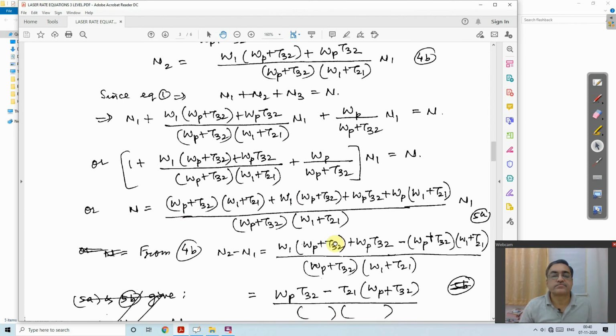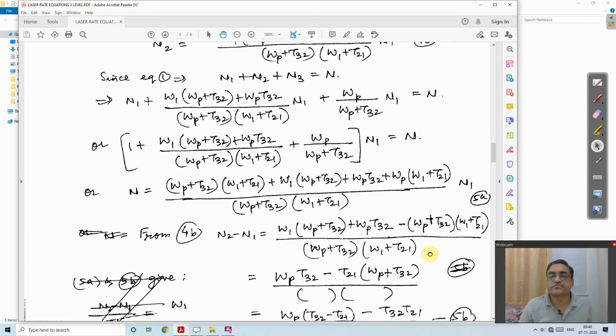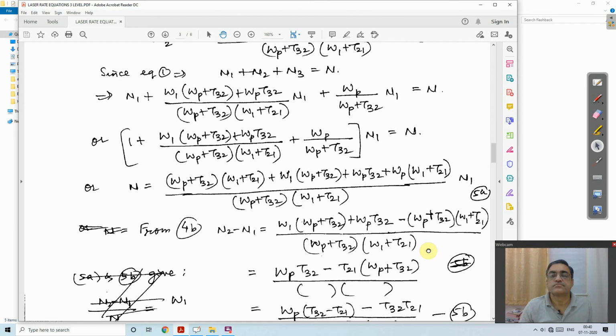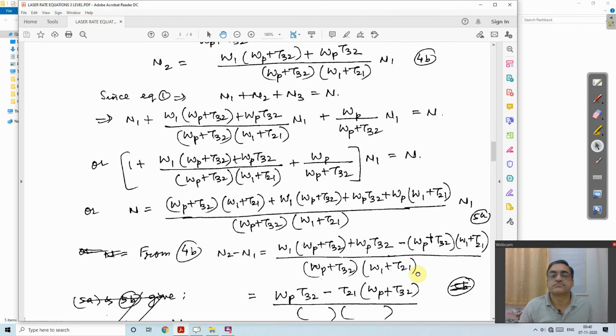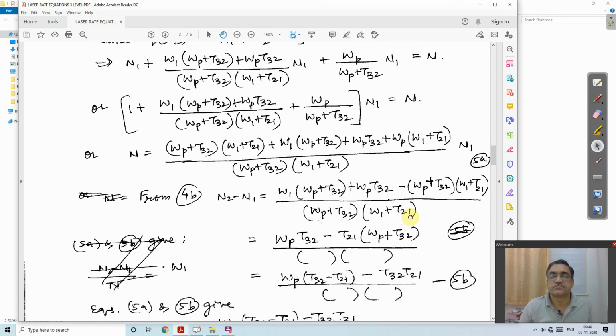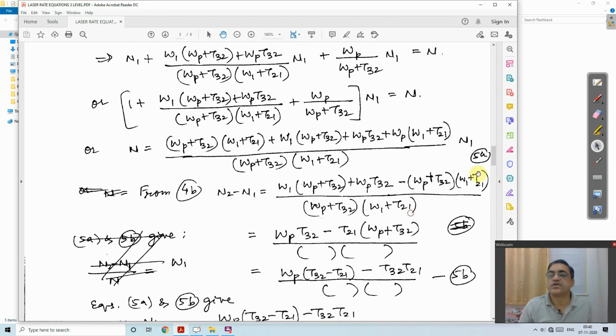And from 4b we obtain N2 minus N1 by just subtracting N1 on either side. Here we must write N1 also.